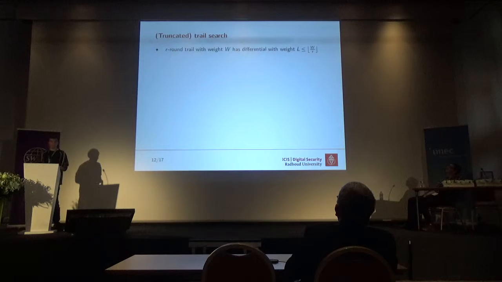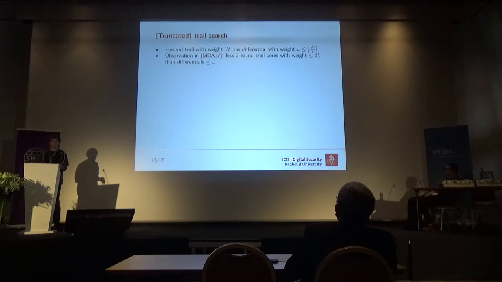And we should note that if you have some R-round trail with some weight W, then there's always a 1-round differential with weight at most the floor of W over R. And it was observed in this paper that there are actually fewer 2-round trail cores with a weight less than 2L than 1-round differentials with weight less than L. So what we did is to sort of gain 1 round.